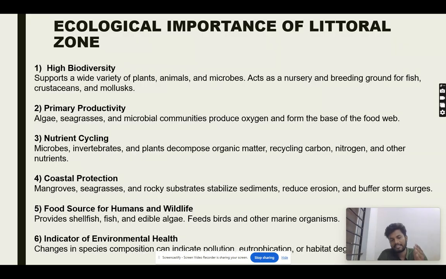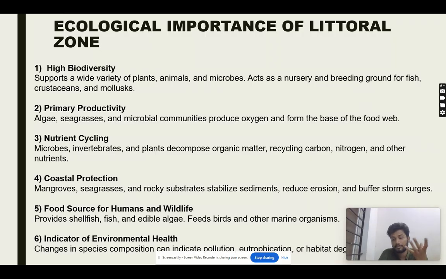When the composition of species in a particular zone is uniform throughout, but extreme conditions happen, like when any of the abiotic stress is too much or intolerable, then we can come to a conclusion that it is an indication of pollution, or of a natural phenomenon like eutrophication or habitat degradation.